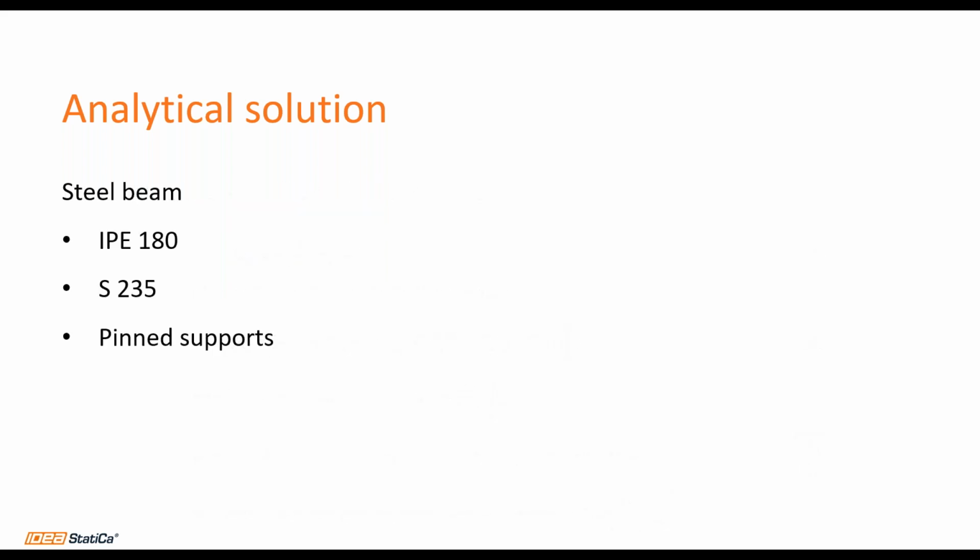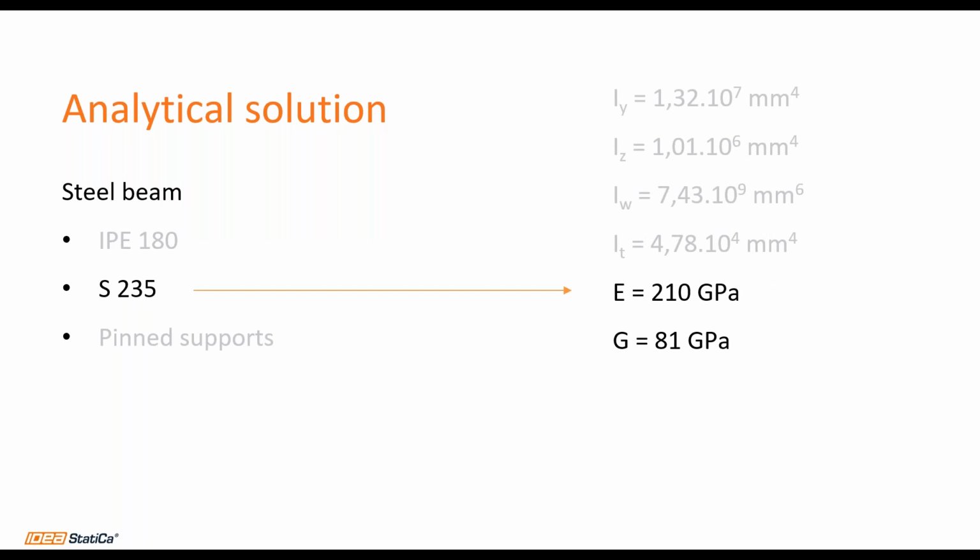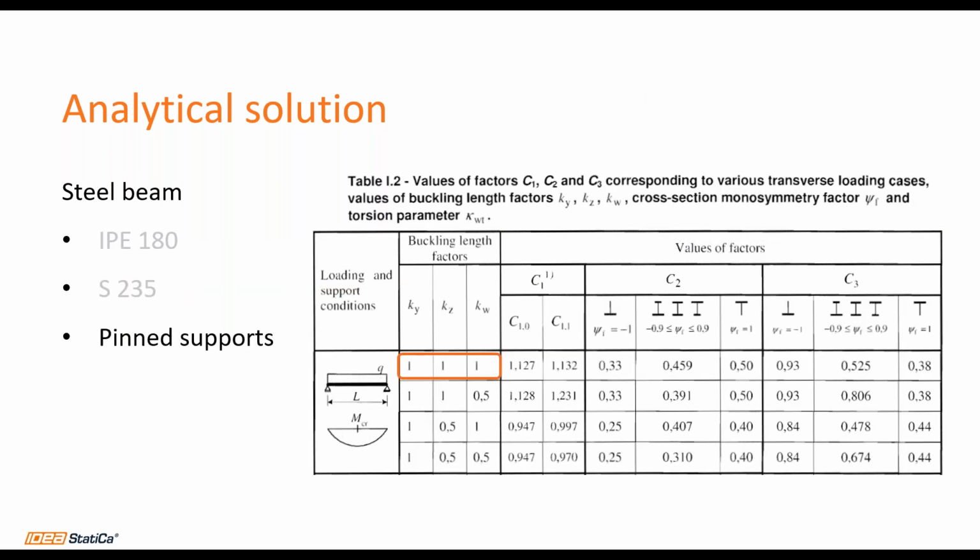This is all well described. So if we go step by step, we first determine the section properties of our beam, material properties, and then we go to the tab I2, where we find our key or buckling length factors depending on the support rigidity.